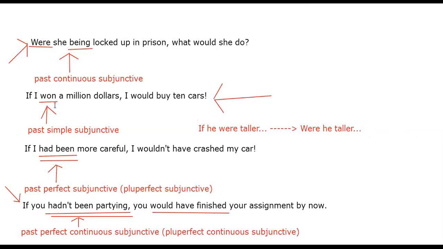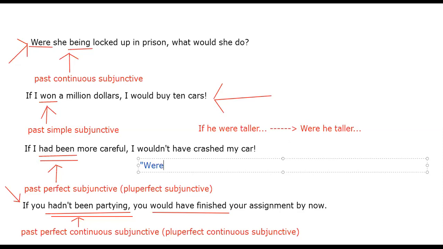So you can't say, "won I $1 million." No, it has to be "if I won $1 million." But you could invert "were" with "if" and "he," and that would work. So "were" is the only past simple subjunctive that can be inverted. So let me just emphasize that. Because, again, "were" is a special case. It's like the only marked past subjunctive that we have left in the English language.